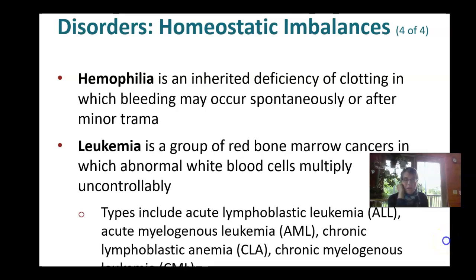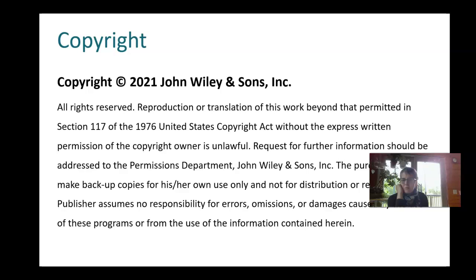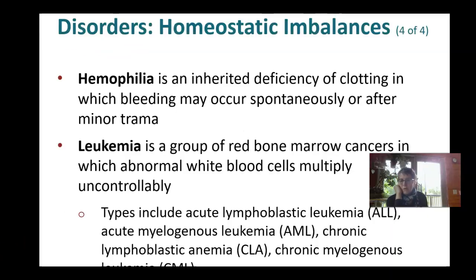Leukemia is when there's a cancer at the bone marrow level that is affecting and causing creation of one of those two intermediate cells, either the myelocyte or the lymphoblast.